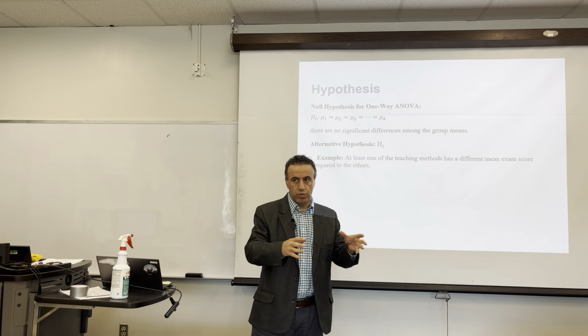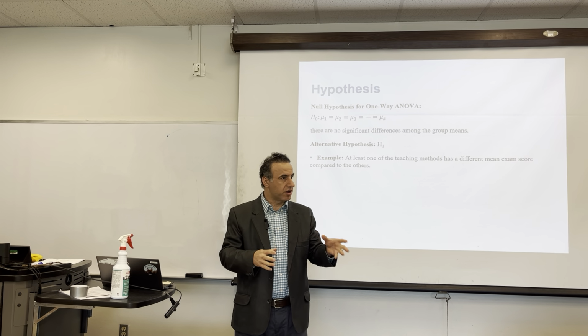You want to see whether there is a significant difference between them or not, right? So if there is, then you have the alternative hypothesis. You have to see what is the cause of that difference, be it teaching method, or machine, or other things.